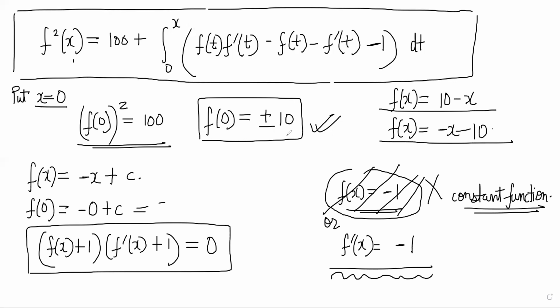In both the cases, you are satisfying both conditions. So these are the two possible values of your function. So the set of capital F, which was the set of real valued functions which satisfies this condition, is having two elements, 10 minus x and minus x minus 10.